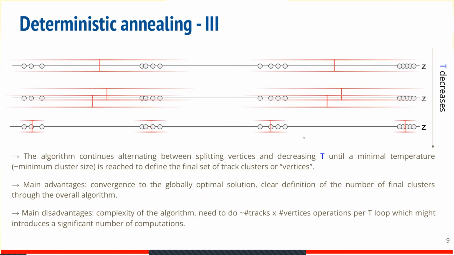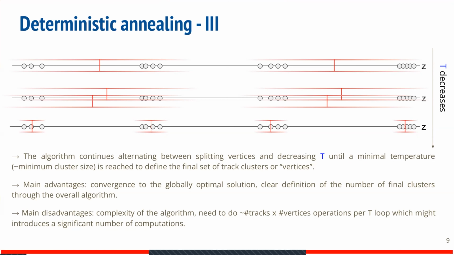And what has been proven for this is that it converges to the global solution with much more efficiency than a directly hard clustering tends to do. And also, as you have these splittings depending on the temperature parameter, there is an analytical way of defining the overall number of vertexes you are expecting in each event.